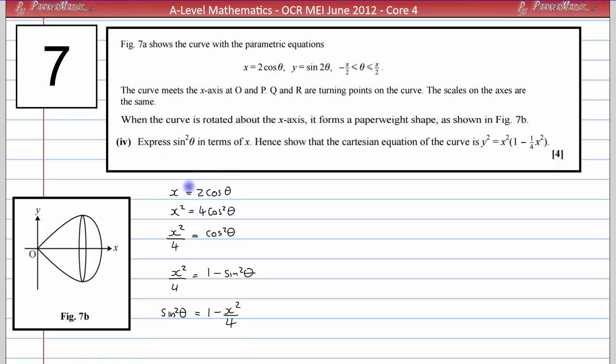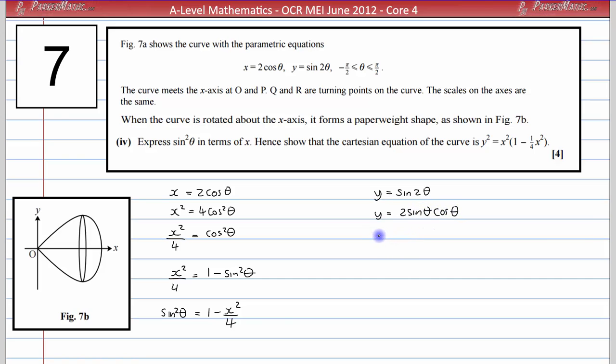So that's the first part done. We've expressed sine squared in terms of x. All that we've got left to do now is rewrite y squared in terms of this. So if we start with y equals sine 2 theta, and we use the double angle formula, we can rewrite sine 2 theta as 2 sine theta cos theta.